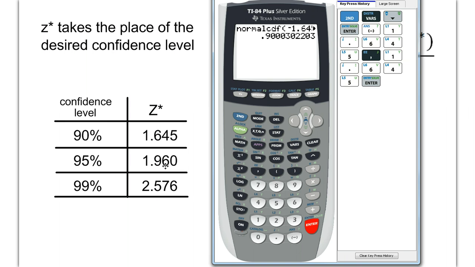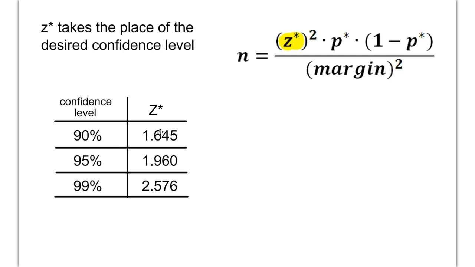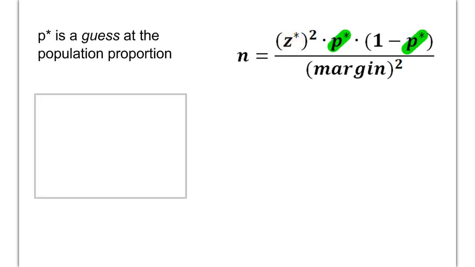Same thing if we did that for 1.96, we would get 0.95 for the area, and then same thing here, 2.576 would give us 0.99 as the area under the normal curve. So that's where these values come from. We take that term and square it, by the way.